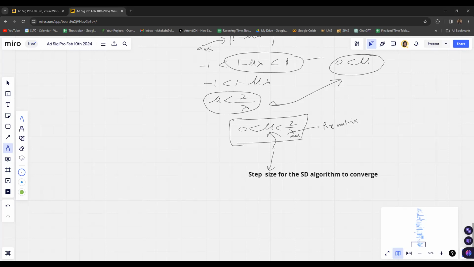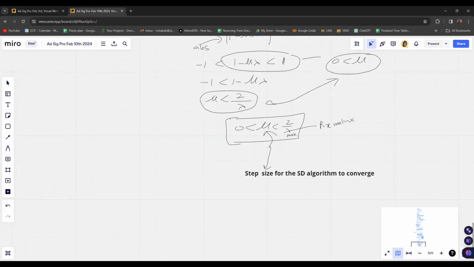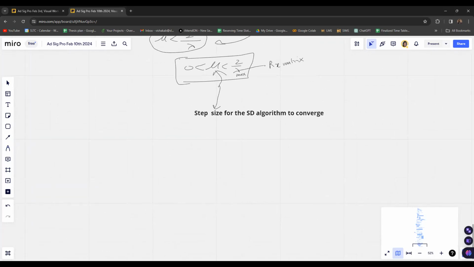Okay, if you don't have any questions, I think we can proceed. So the next thing is that once you decide the mu values for the algorithm to converge, the error values of the algorithm will converge over time. So if we have the error values given by this expression, I will just say the mean squared error value that we have.